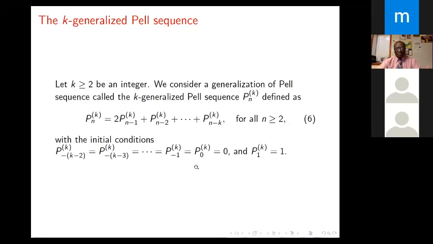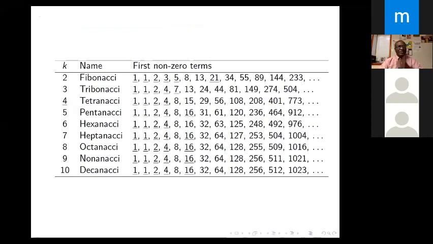So, I will give you some ideas about the K-generalized Fibonacci sequence. In fact, if we take k equal to 2, it gives us the Fibonacci sequence, which we know very well.